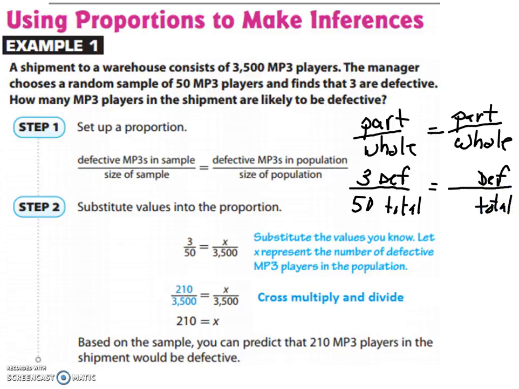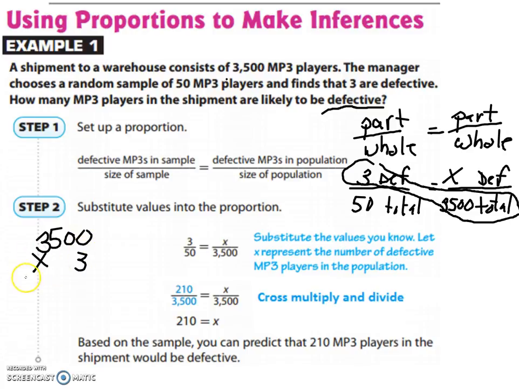All right, and the last thing we have left is 3,500, and that's going to be a total. So we have to figure out how many are going to be defective. All right, okay, we can do the cross product rule. So we're going to say 3,500 times 3.